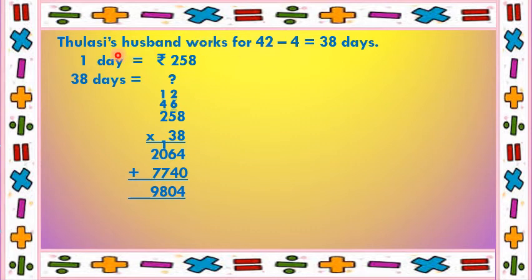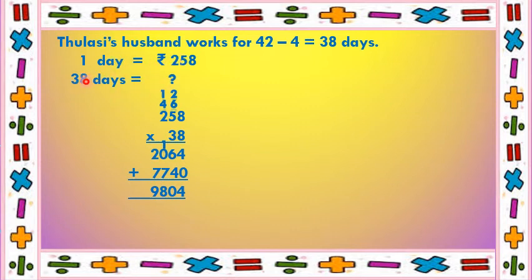Children, already 42 days are given. 42 days he works. So 4 days less means 42 minus 4 gives 38 days. For 1 day, Tulasi's husband earns rupees 258. So for 38 days, how much money will he get?